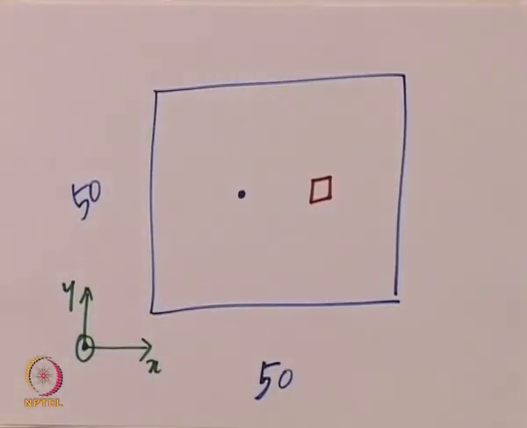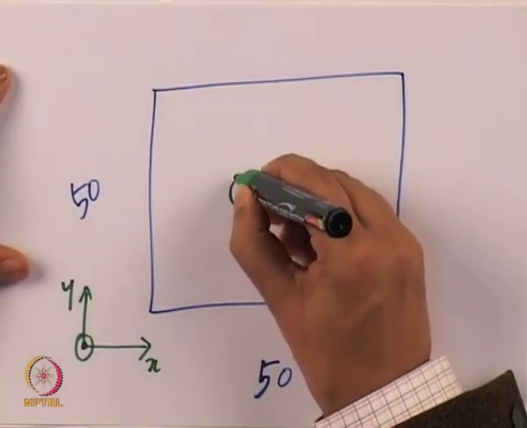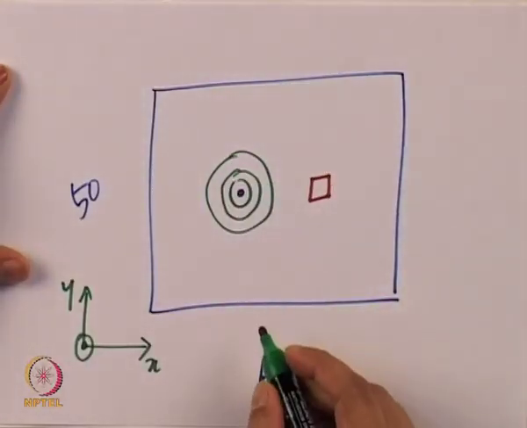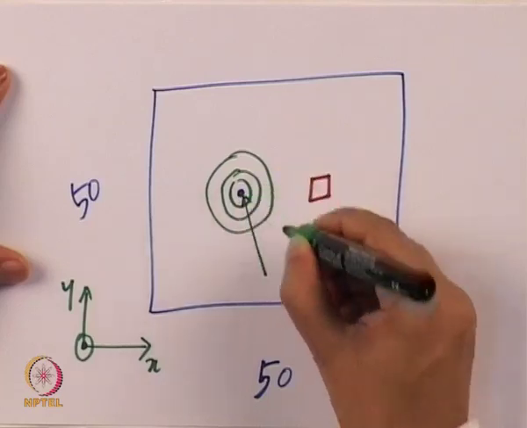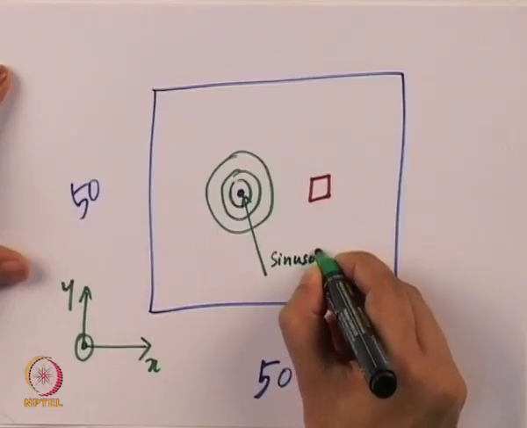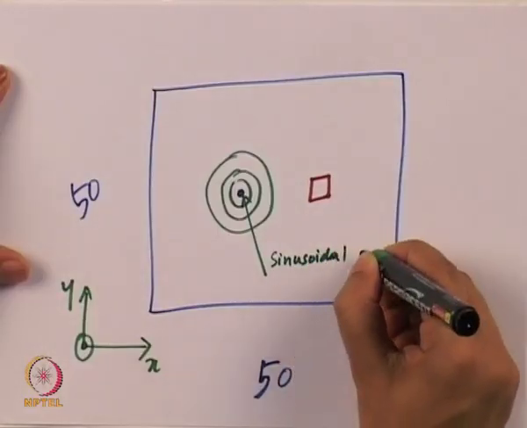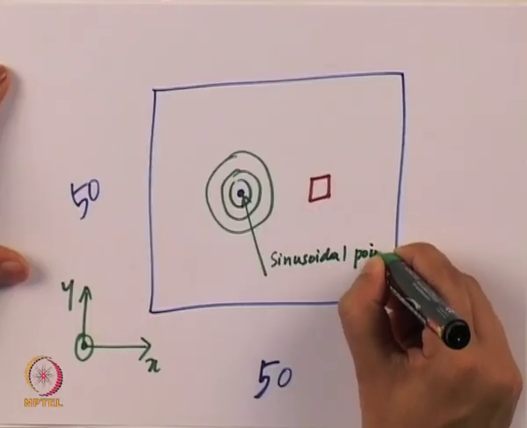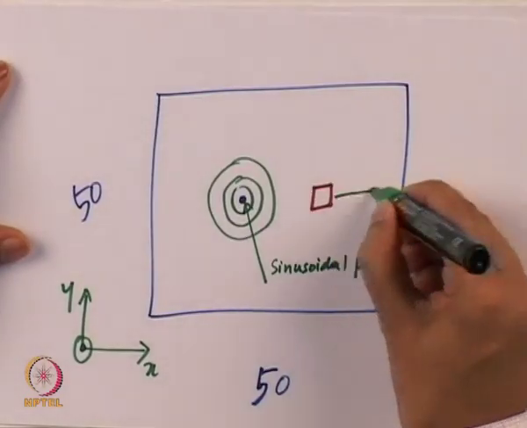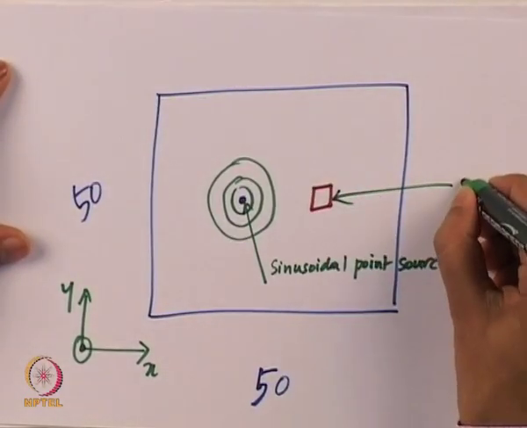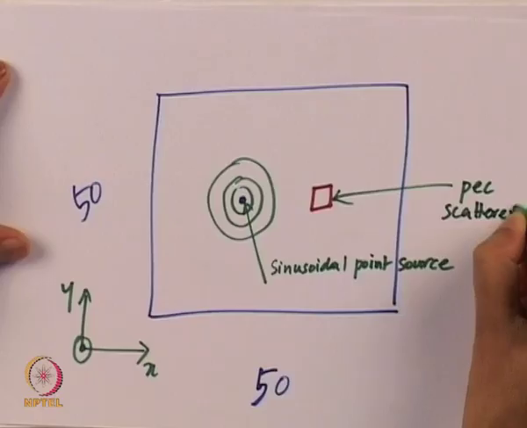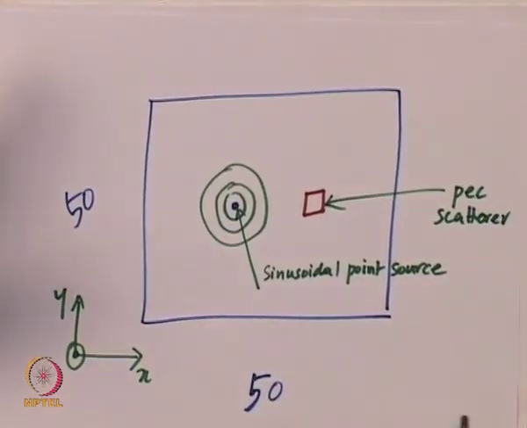So what we have got is the waves that are going to come. So these are going to be the sinusoidal point source, and this is going to be the PEC scatterer, perfect electric conducting scatterer.